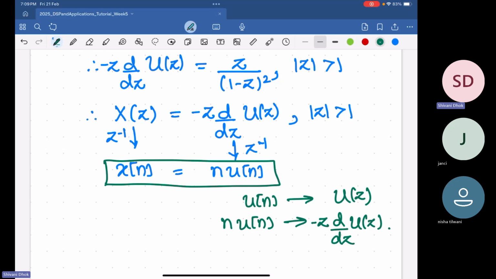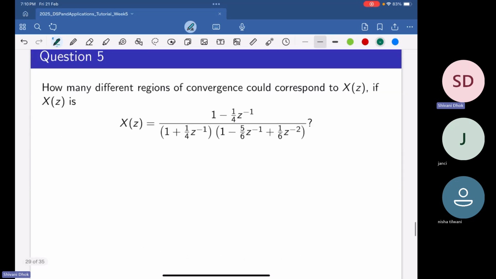Obviously, when you're seeing these questions for the first time, it will be difficult, but once you practice, it will be easy to understand these kinds of things. Any questions till this point? We are running out of time. If we don't have any questions, then let's move on to the next question.